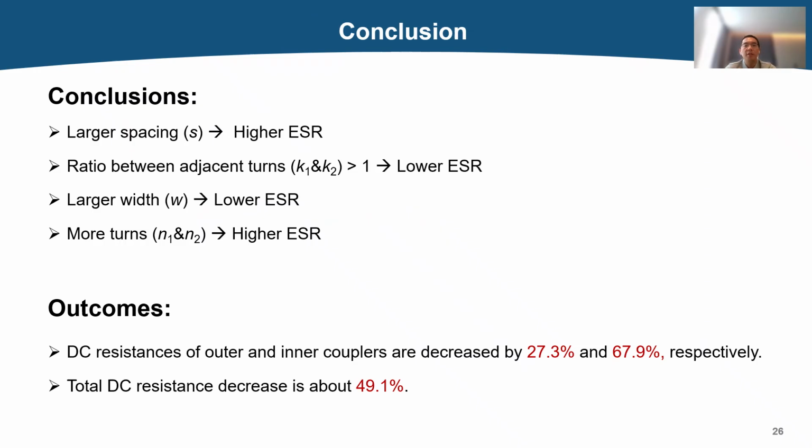Here are the conclusions. From this study, we have identified several key design principles to reduce ESRs. These include decreasing the spacing between the adjacent terms, increasing the term-to-term ratio of both inner and outer couplers to values greater than 1, widening the outermost trace width, and reducing the number of terms in both couplers.